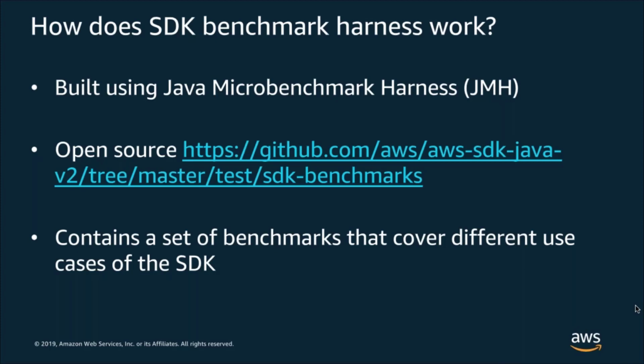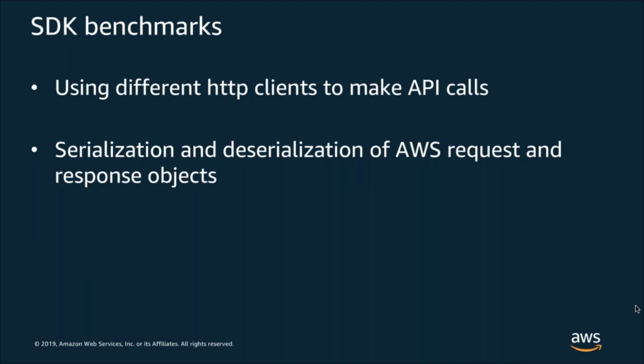The benchmark module contains a set of benchmarks that cover different use cases of the SDK. For the HTTP client layer, we have benchmarks using different HTTP clients to make API calls to a local mock server. If one of the benchmarks is getting different data, we know where we should look into.